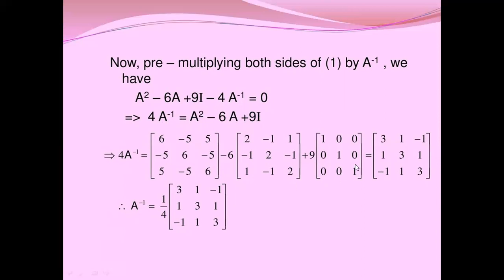Then we take A inverse by dividing by 4, by which we get 1 by 4 times 3, 1, -1; 1, 3, 1; -1, 1, 3. So this is our A inverse. It's a very easy problem, but a very interesting problem at the same time.